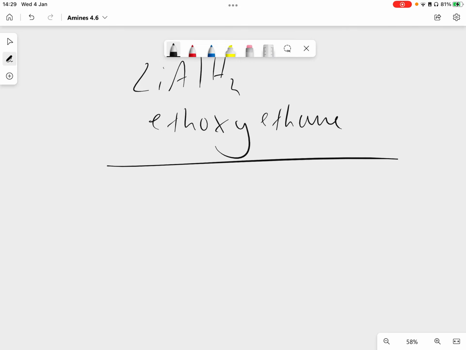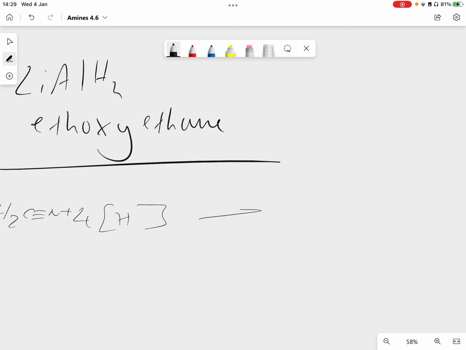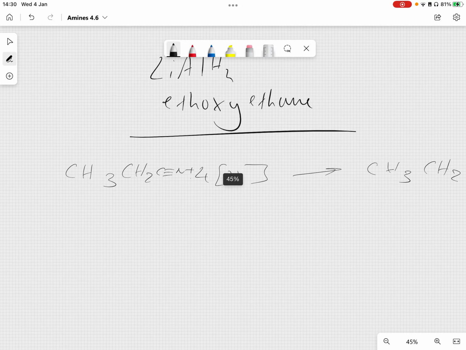In terms of it, 4 H is added. So let me draw up the reaction. CH3CH2C triple bond N plus 4 H will give CH3CH2CH2NH2. So you can see the carbon chain has actually increased.